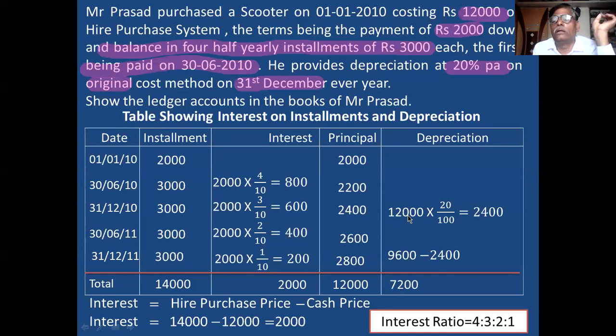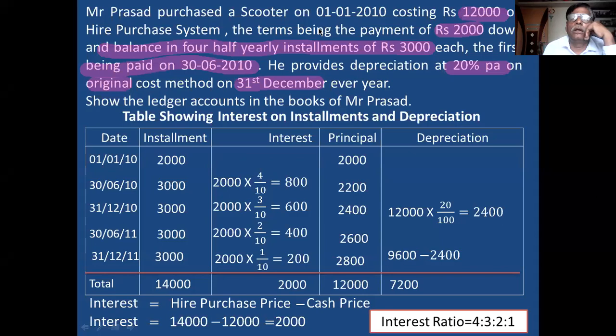Remember this properly. If the rate of depreciation is fixed, the method of depreciation is fixed, then you calculate depreciation in the first year only. Thereafter, you calculate the balance and deduct the same amount of depreciation. This is the point you remember.